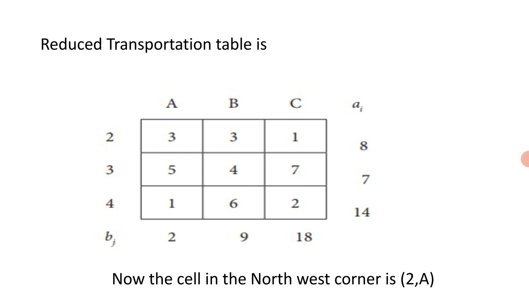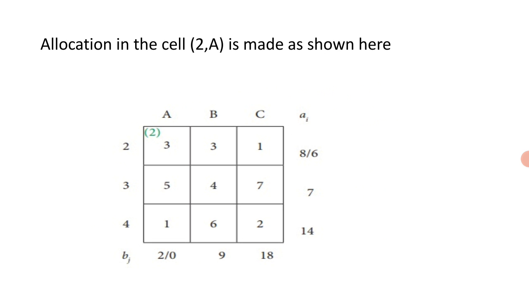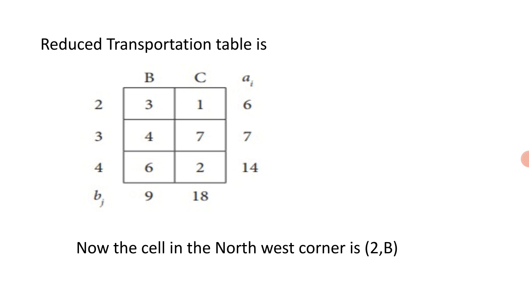That is, X21 is equal to minimum of 2 and 8, that is 2. So now the new allocation made in the cell 2A is shown here, and the reduced transportation table is given here.